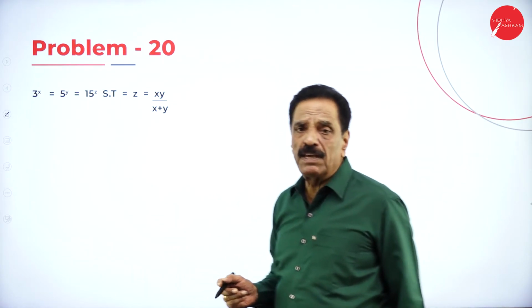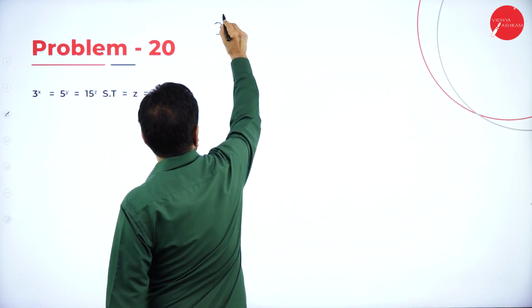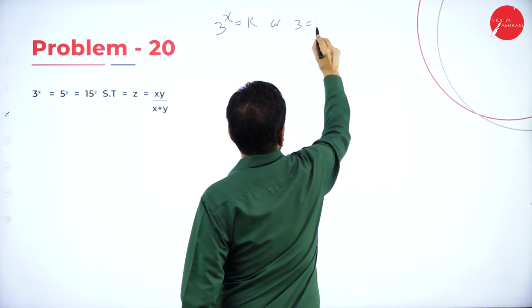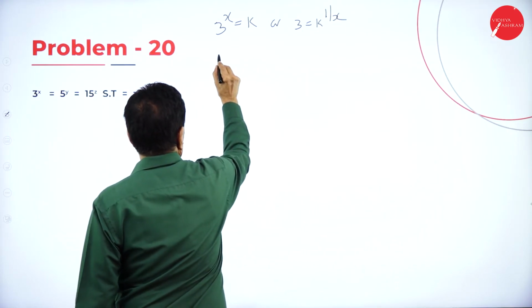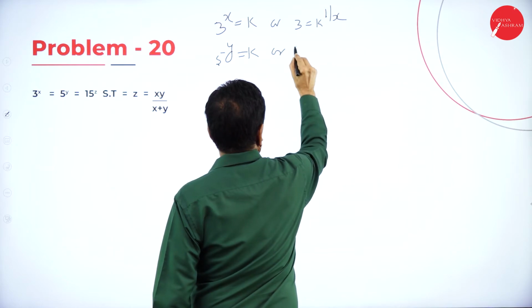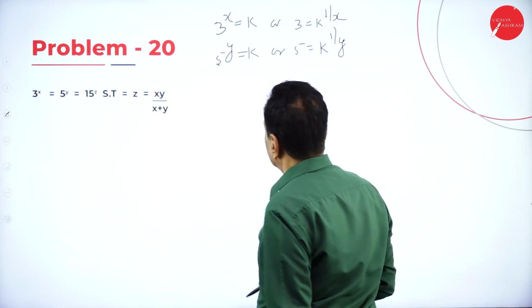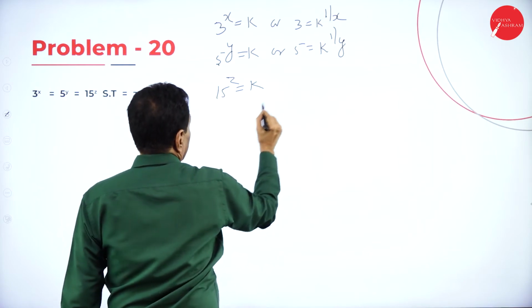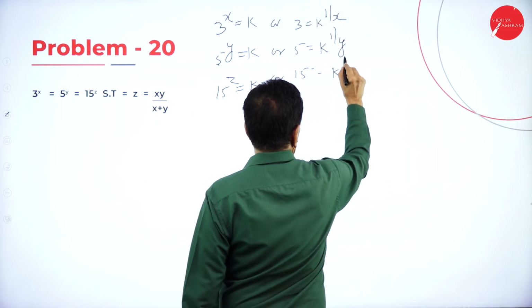When the power has been given, you can put the unknown number as k. Write 3^x = k, or 3 = k^(1/x). 5^y = k, or 5 = k^(1/y). Then 15^z = k, or 15 = k^(1/z).